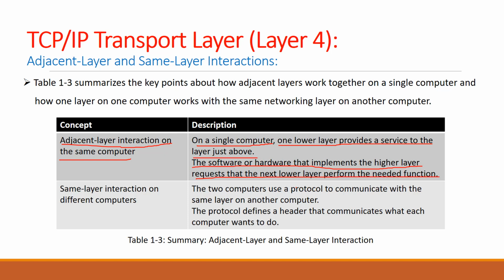This is adjacent layer interaction on the same computer that uses the TCP/IP networking model. Another concept is same layer interaction on different computers. The two computers use a protocol to communicate with the same layer on another computer, as we saw with TCP. The protocol defines a header that communicates what each computer wants to do. This is same layer interaction between two different computers.